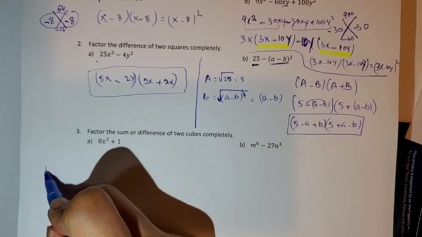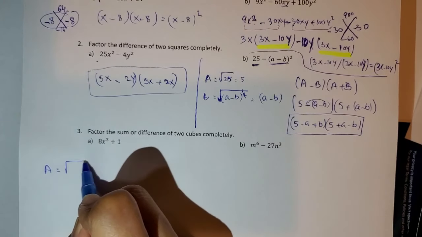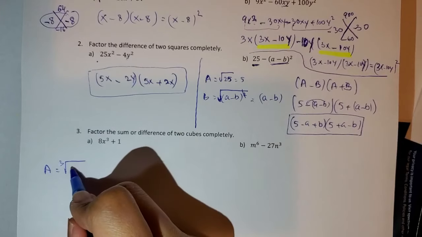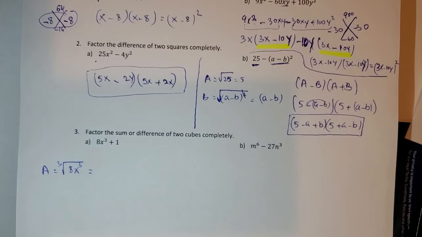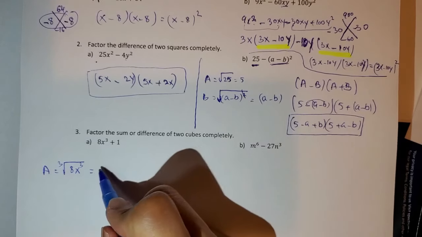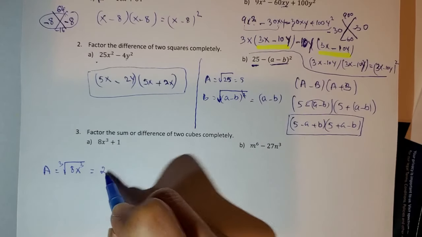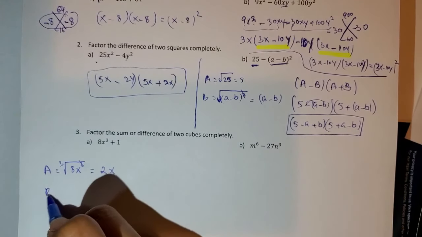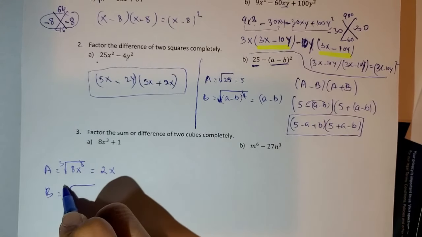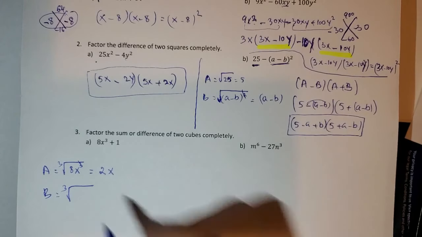So my a here, I have to take the cube root, which is the cube root of 8x cubed. What number do you multiply by itself 3 times to give you 8? Which is 2, because 2 times 2 times 2 is 8. And x cubed here, that's just x. That's my a.